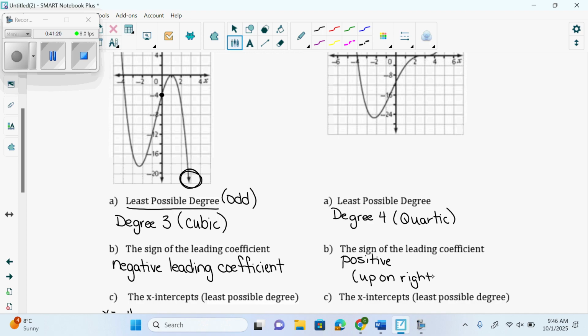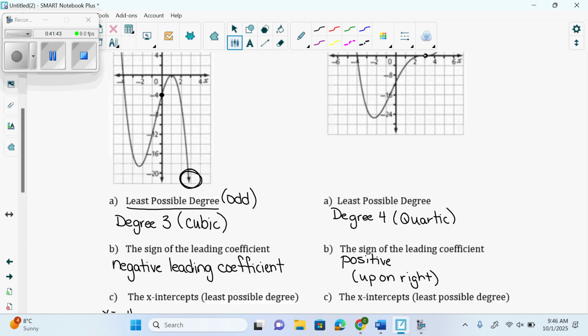Okay, what are my x-intercepts? I have x equals negative 4, and then I have this little curvy curve through here. So this is x equals negative 4, and then this is x equals 3 with multiplicity 3, because it can't be multiplicity 1. It does a little swoop-to-swoop. It can't be multiplicity 5, because 5 plus 1 is 6, and I'm allowed to max out at 5, and in this case, 4.